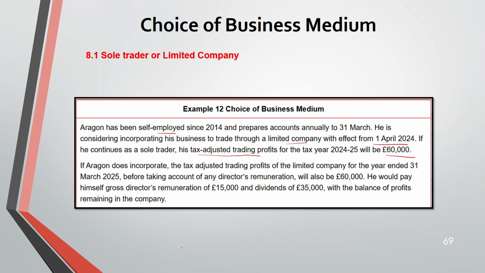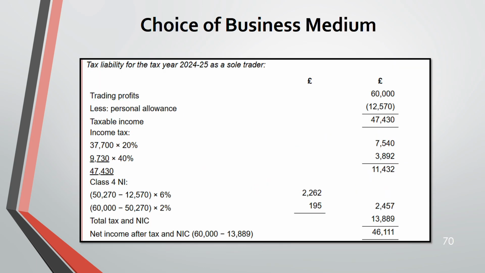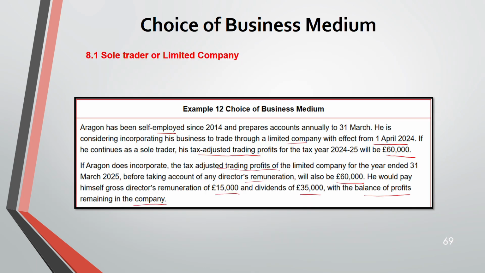But if he incorporates, then tax-adjusted trading profit before the director's remuneration is also 60,000. He would pay himself gross director's remuneration of 15,000 and a dividend of 35,000, with the balance of profit remaining in the company. So now we are going to calculate the tax liability if it's a sole trader versus the tax liability if it's operating as a company. So let us do example 12.